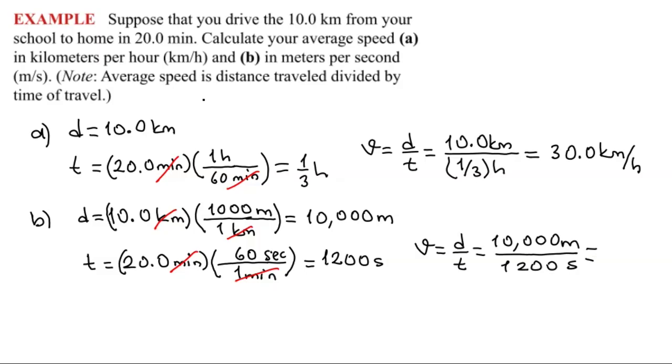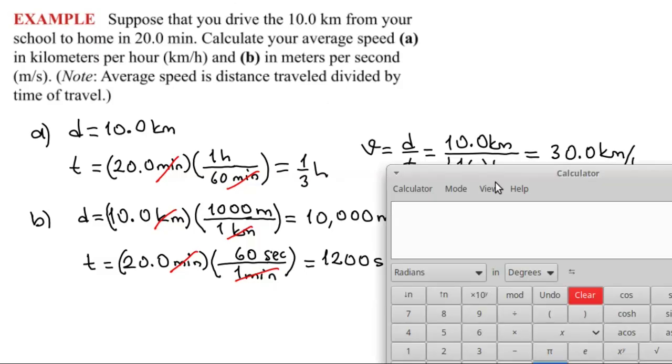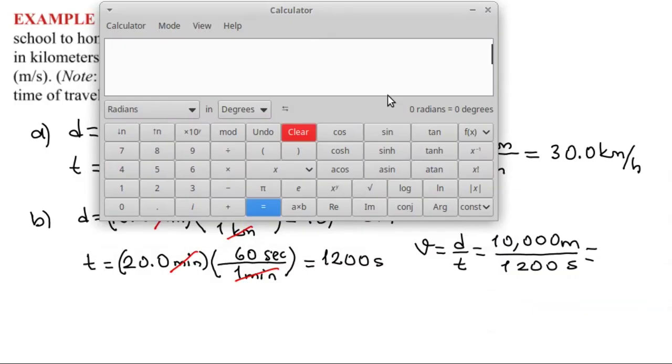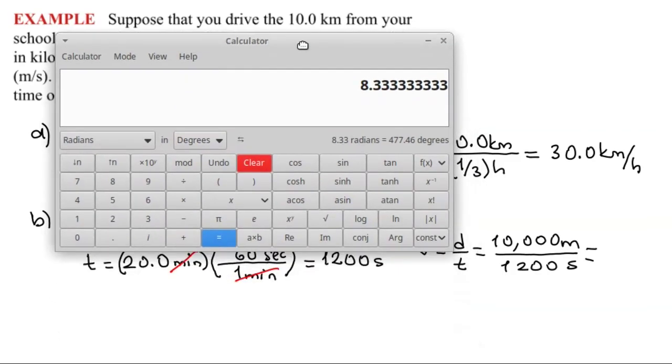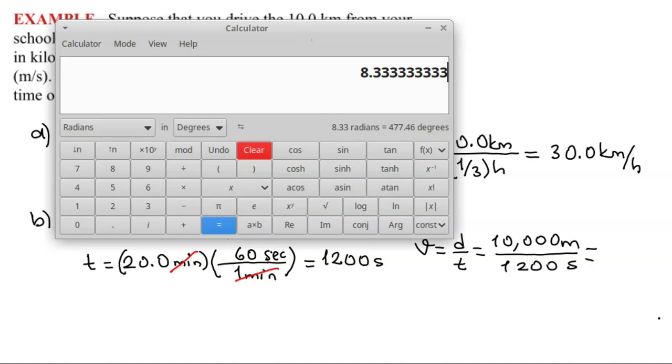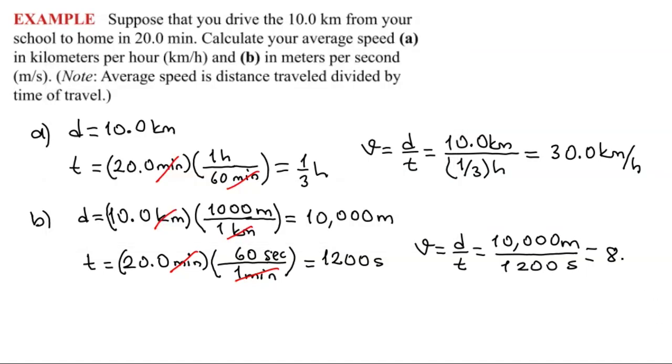So now using a calculator, 10,000 over 1,200, it is... 20 minutes has 3 significant figures, 10 kilometers has 3 significant figures, so we are going to keep 3 significant figures. 8.33 meters per second. These are our final answers.